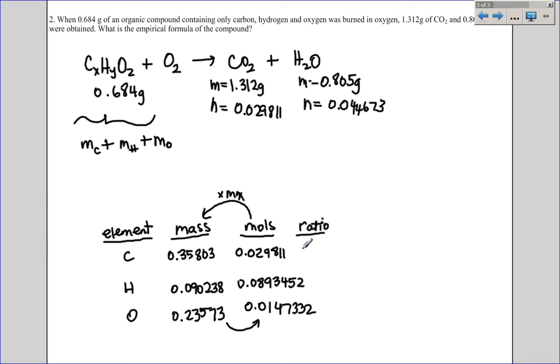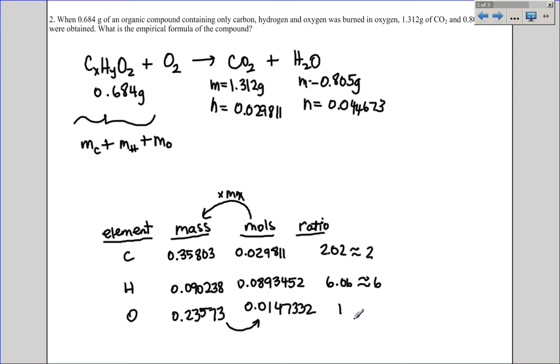My next step is to determine the whole number ratio by dividing all of the values by the smallest, which is 0.0147332, and I find that I get 2.02 and 6.06 to 1. So this I can round confidently to 2, and this I can round confidently to 6.